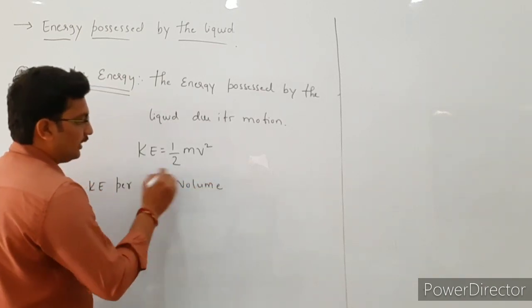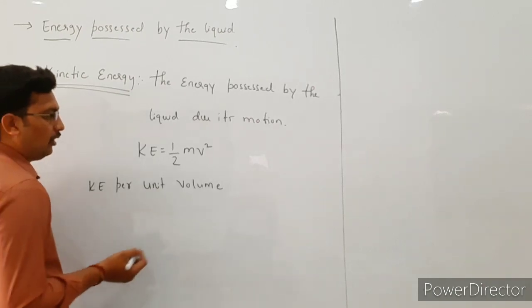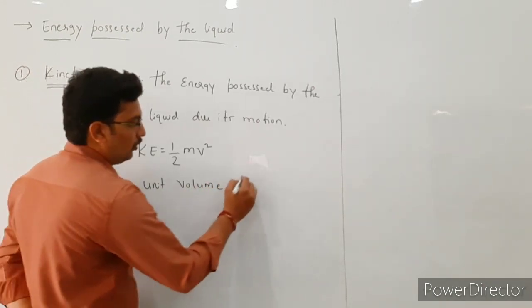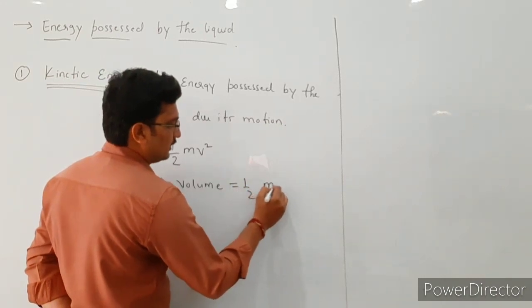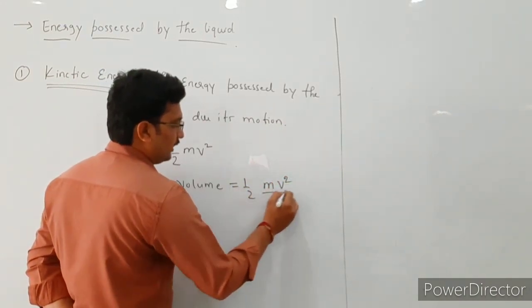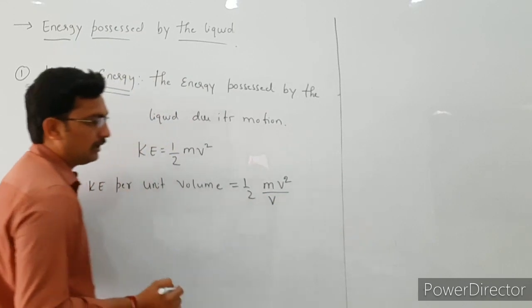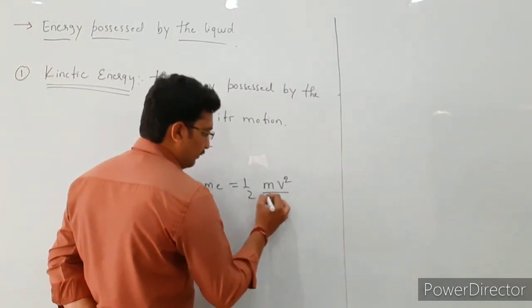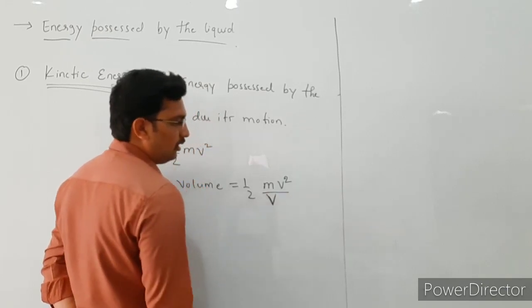Per unit volume means we are dividing by volume. So kinetic energy per unit volume equals 1 by 2 mass into speed square divided by V. Here capital V indicates the volume.